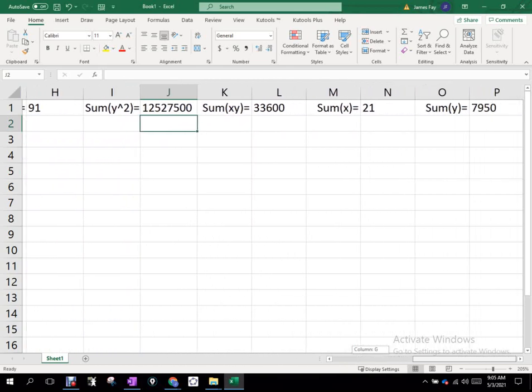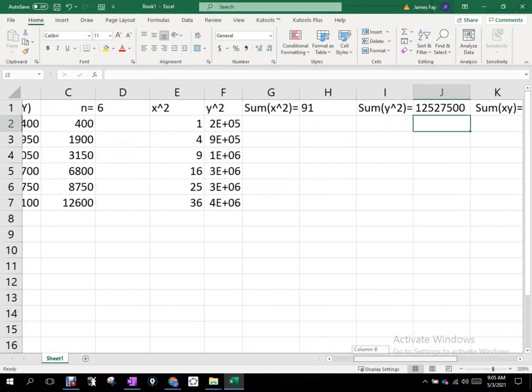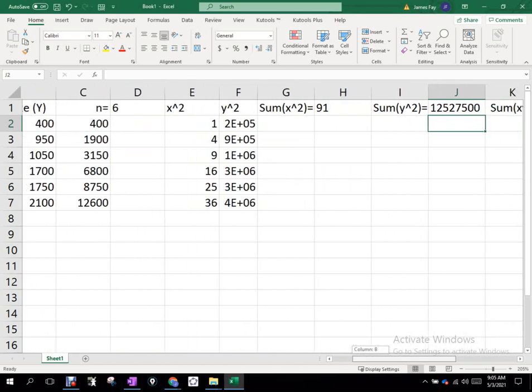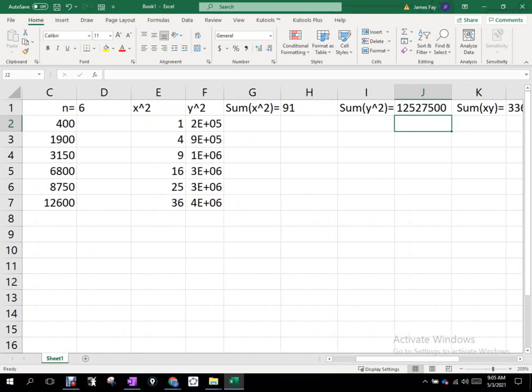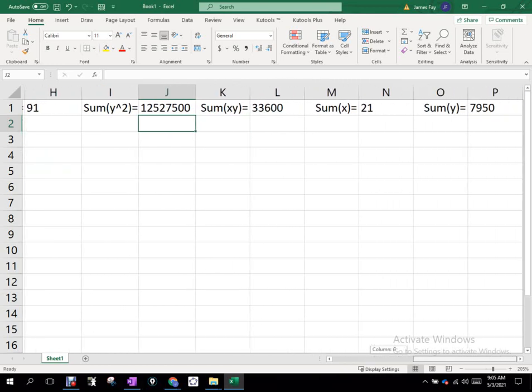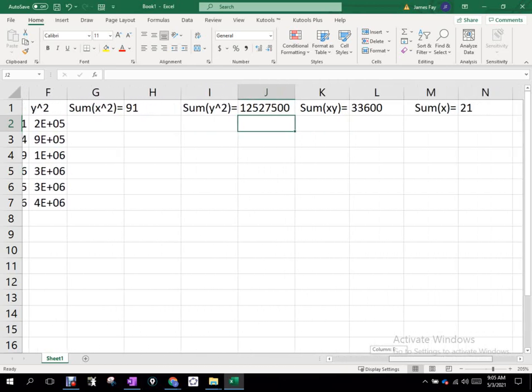So I know that's a lot of stuff that we're adding together, but hopefully you realize that the biggest issue with Excel is not necessarily typing things in, but I struggle with organization, okay? I know it might look like too many columns here.